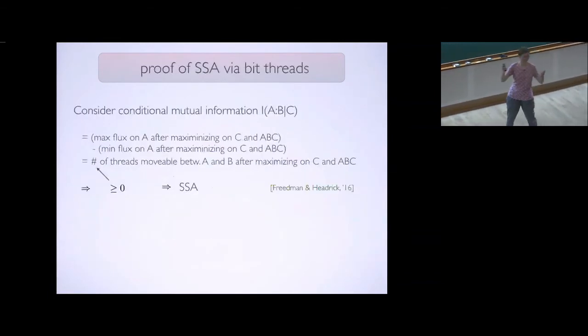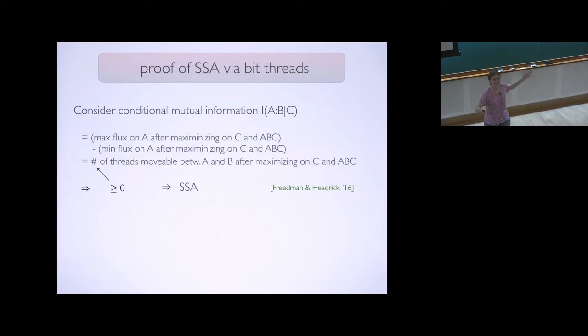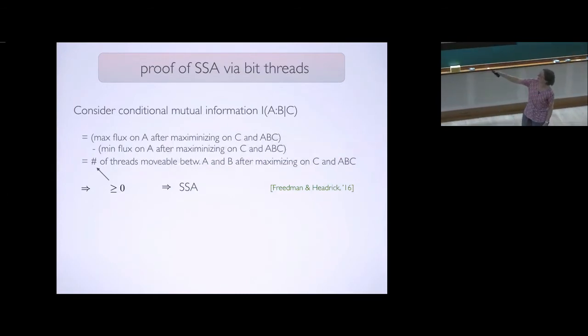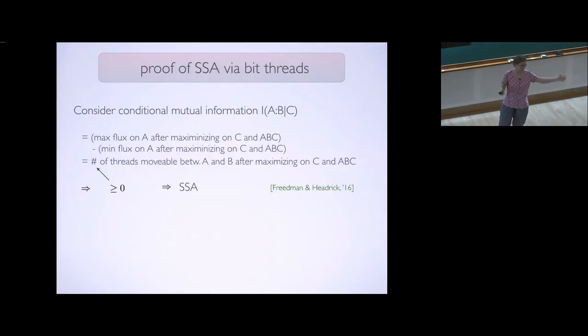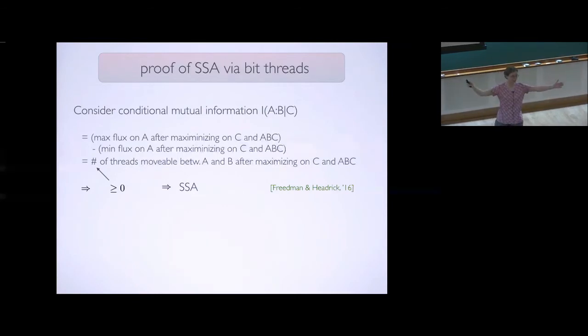Okay, so from this description, you can then prove strong subadditivity basically in one line or a few lines, which I'm skipping here, so this is really one line. Strong subadditivity is the positivity of conditional mutual information. You can re-express the conditional mutual information, in terms of the previous type of intuition, as the maximum flux from the region A after you maximize on C and the common set ABC, minus the minimum such flux.